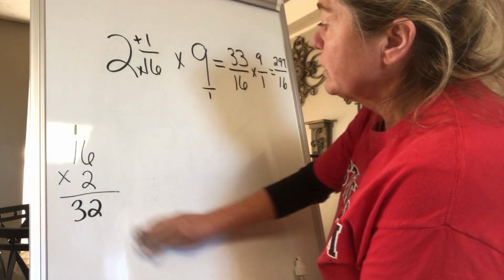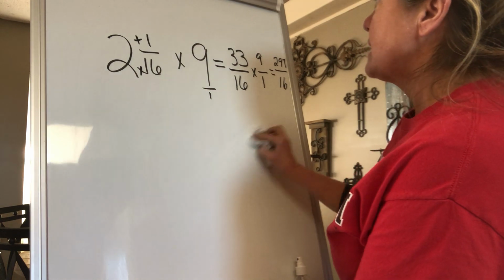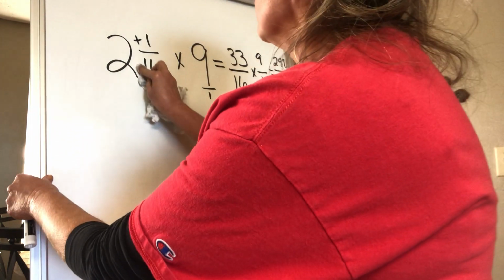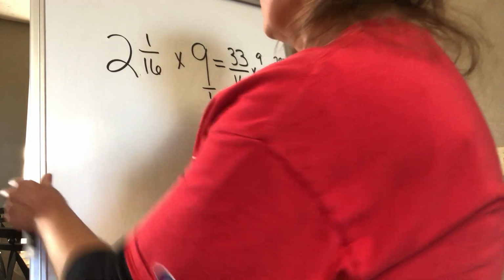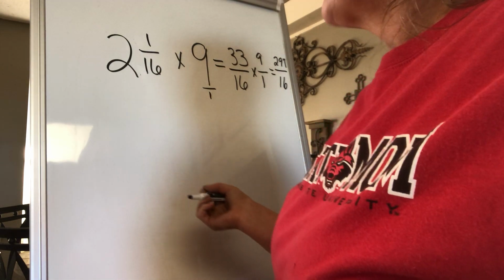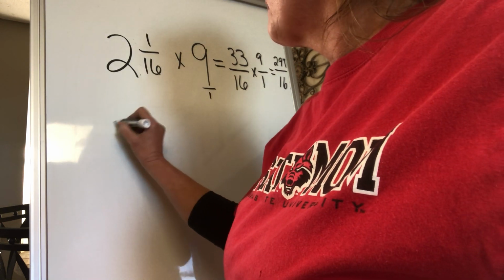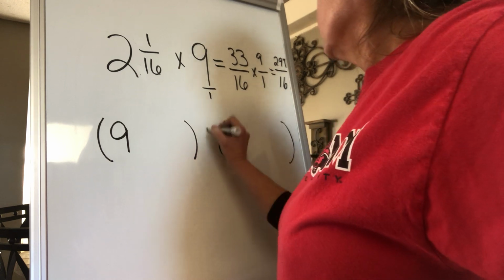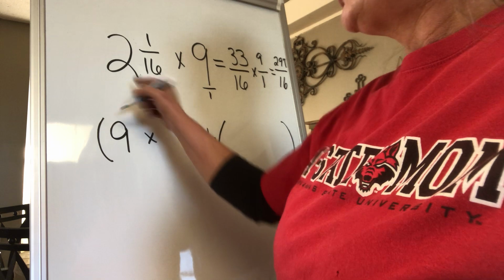Now remember when we were talking about distributive property, just how something's distributed or laid out, spread out? So in this one, the whole number part, we have this 9. And this 9 is being multiplied times 2.